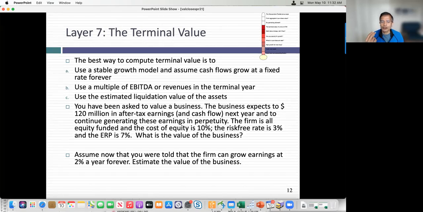When you change growth rates in your terminal value calculation, your cash flow has to change as well, because you cannot get growth for nothing. If my return on capital is equal to 10%, putting in a 2% growth rate will give me a value of exactly 1.2 billion. Putting in a 4% growth rate will still give me a value of 1.2 billion. Why?